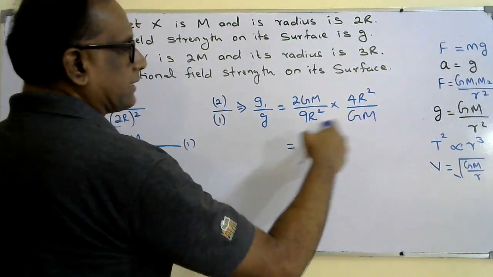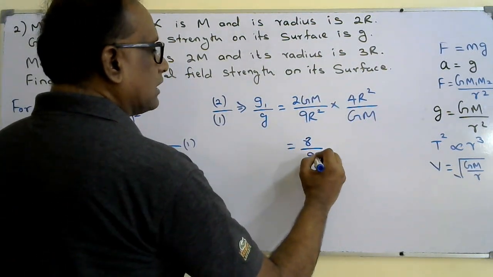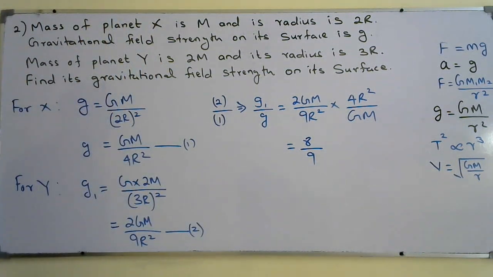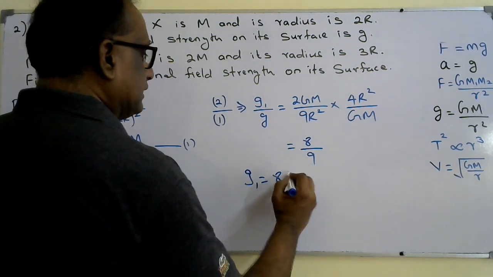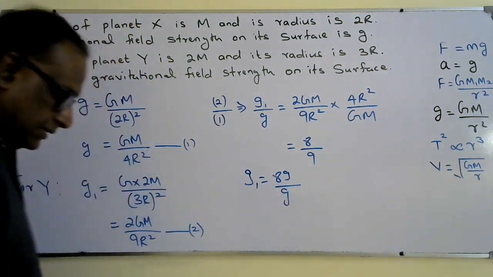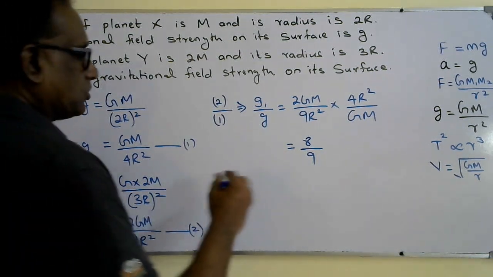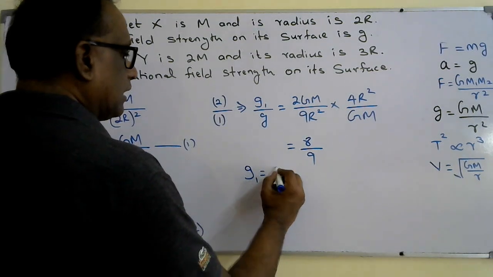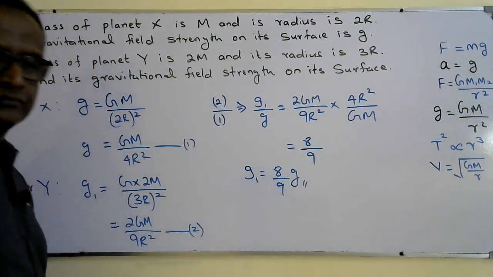So r squared will get cancelled, GM will get cancelled, 8 over 9. So g1 is going to be 8g over 9. Okay, so g1 is going to be 8 over 9 g.